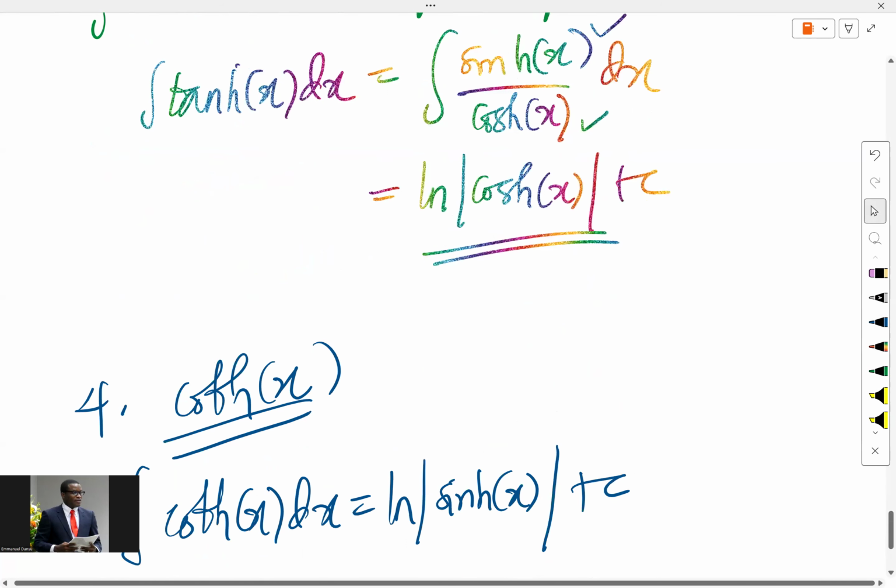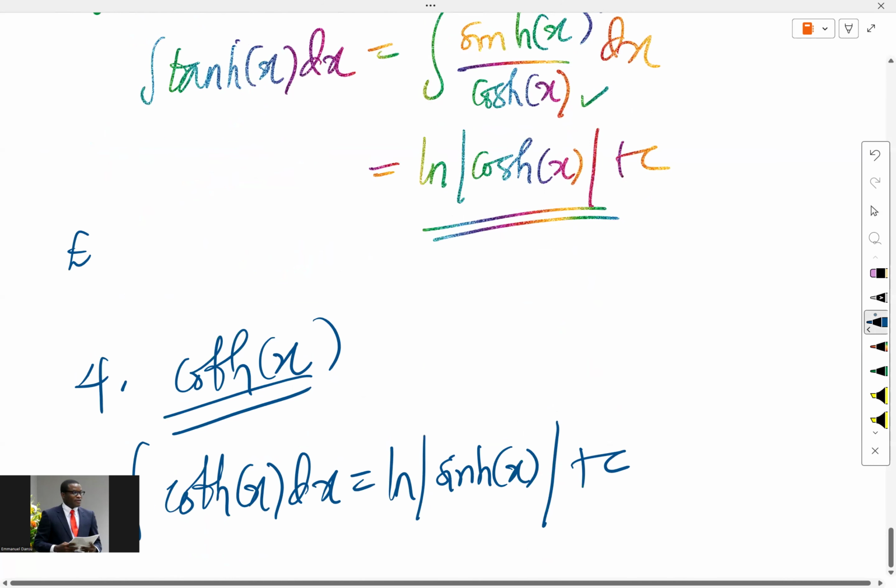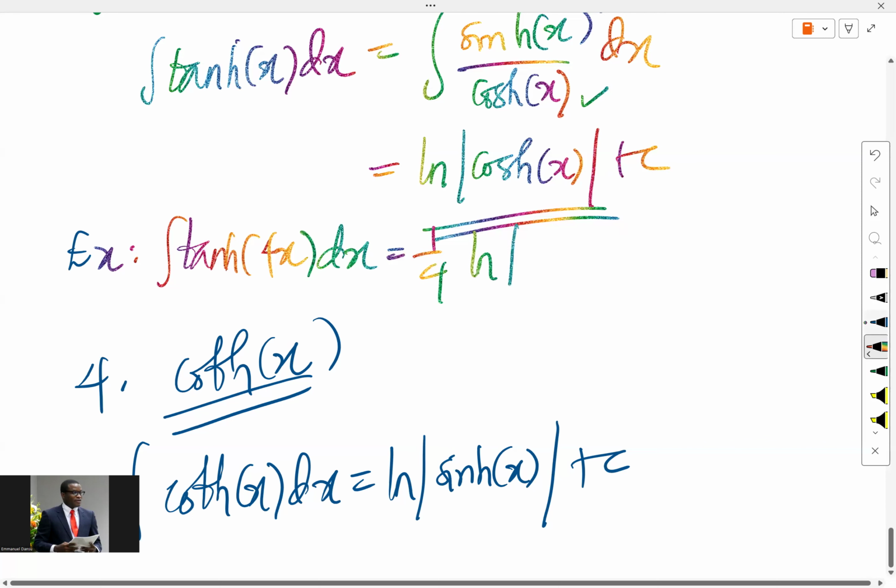Okay, for tan, I forgot to do this. Imagine you have this example, the integral of tan 4x dx. Of course, that's going to be 1 over 4 ln of sec 4x, plus c, like that.